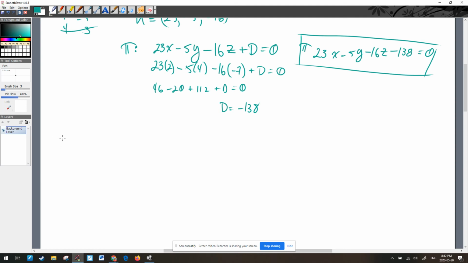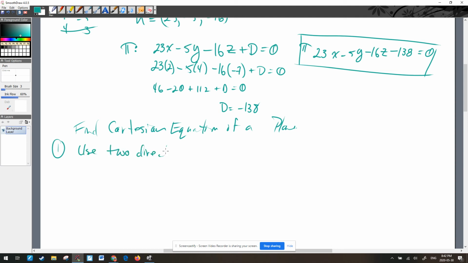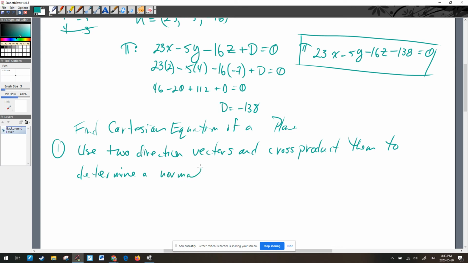We're going to practice more of these, but the general recipe to find the Cartesian equation of a plane is: one, use two direction vectors and cross product them to determine a normal vector.